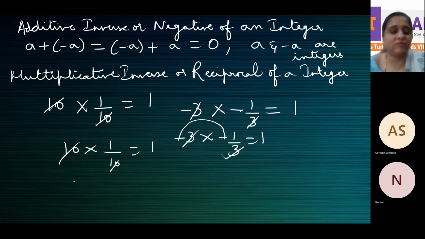Now the multiplicative inverse, or the reciprocal, of 2 is 1 by 2, because when you multiply 2 and 1 by 2, the product is 1.